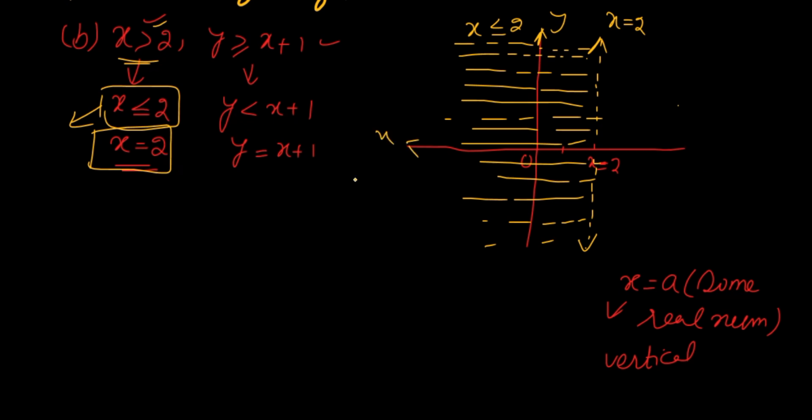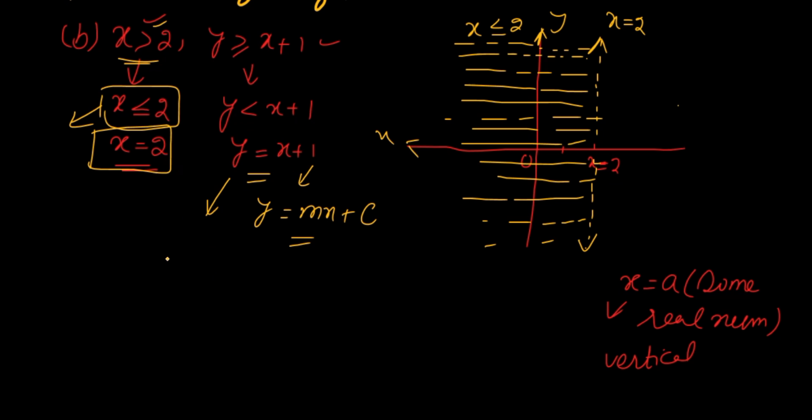Next, now we draw the graph of this line. As your line is completely in the form y is equal to mx plus c, you can convert that line into intercept form.